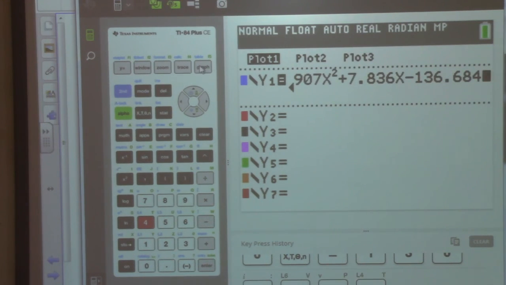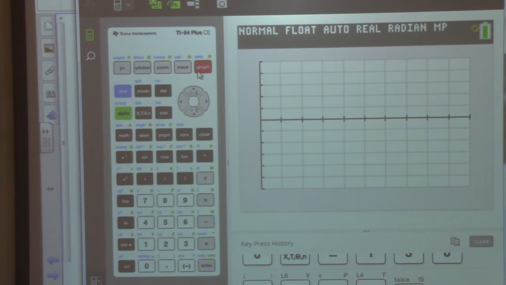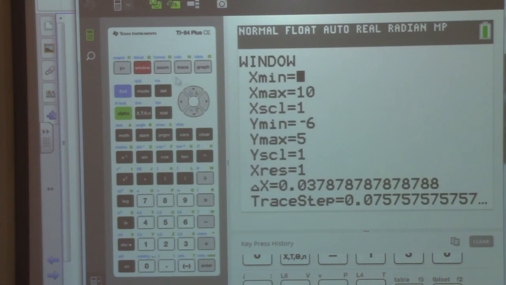Okay, and we graph, we should see, I don't know. I'm not seeing anything. What's wrong? Your window. The window, right? So let's get our window set up here. Go down under window. X goes from 0 to, I think it's 0 to 60, or 0 to 70? 0 to 64. Yeah, I rounded it.